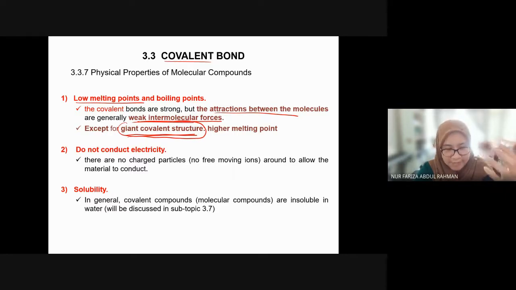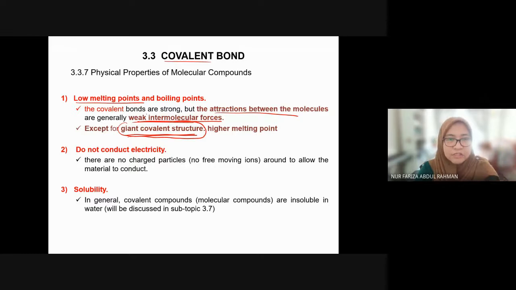So ada ionic compound having lower melting point than diamond just now. Okay, so please be careful. Bila cakap molecular compound tu, you have to make sure what type of structure of molecular compound that you are referring to.